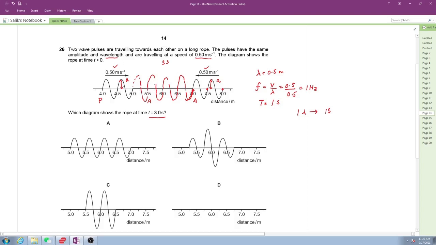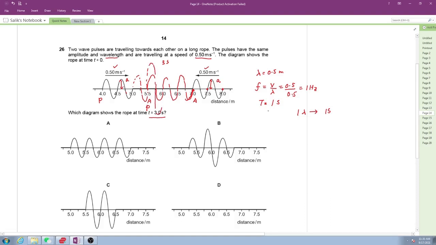1, 2, 3. So when this one is going this way for 3 seconds, the P point comes to the A point. So we can say the crest combines with crest and the trough combines with trough. So what's going on in that situation? When the crest combines with crest and trough combines with trough, the amplitude increases, and so we get constructive interference.